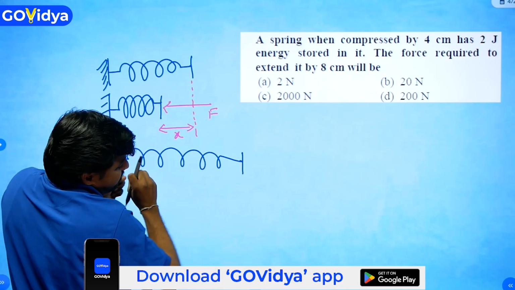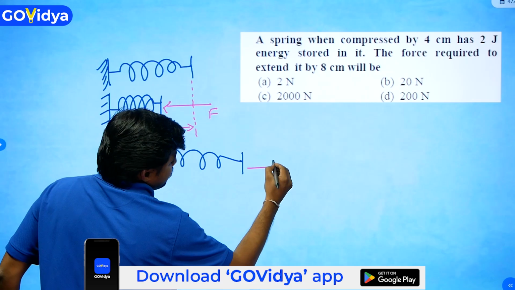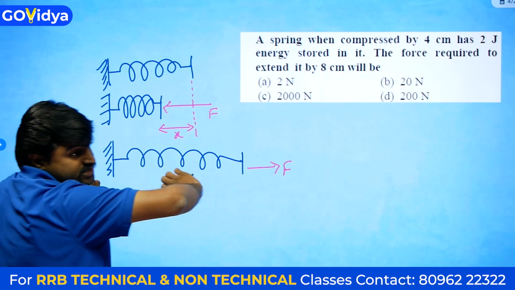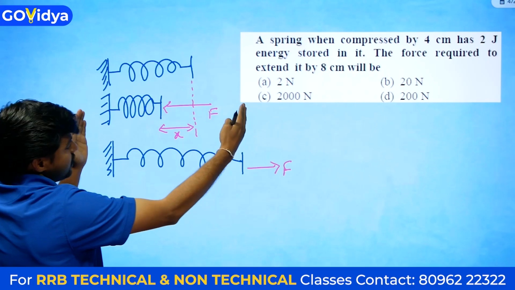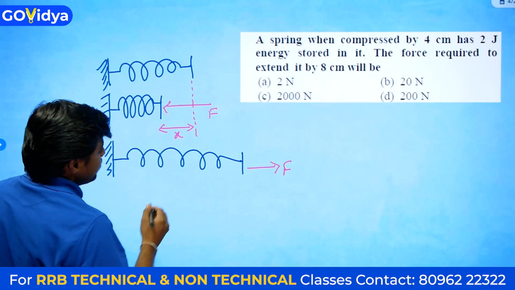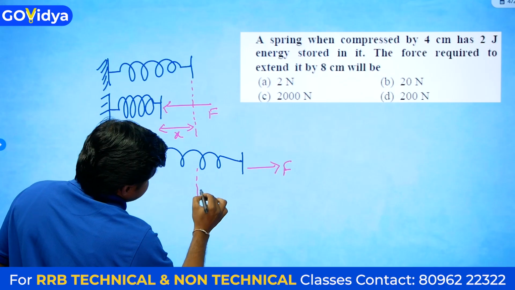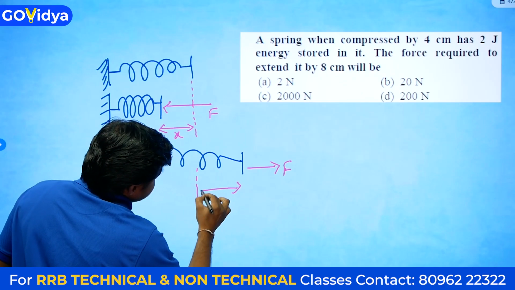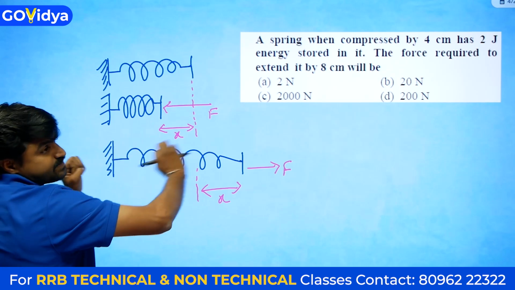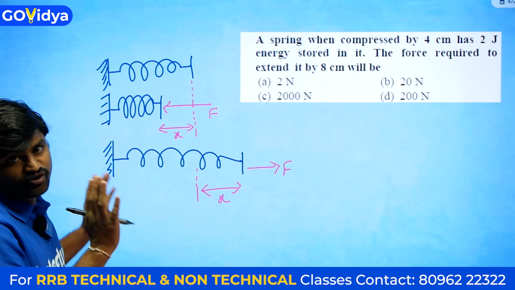For expanding the spring we have to apply force in this direction. This is the expansion distance. Okay, for compression and expansion the formula is the same.